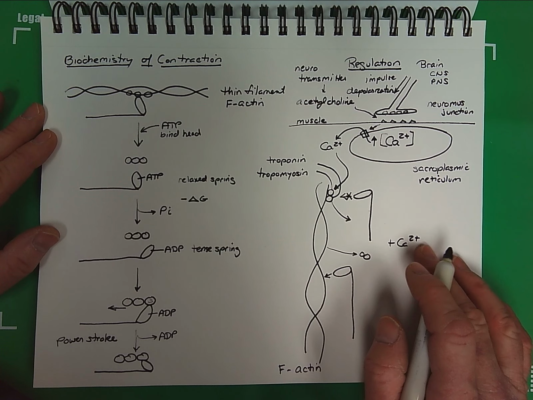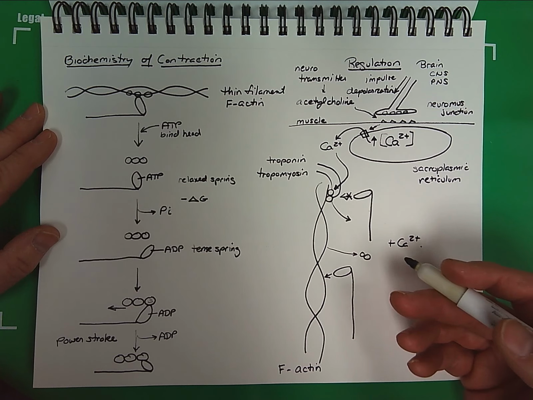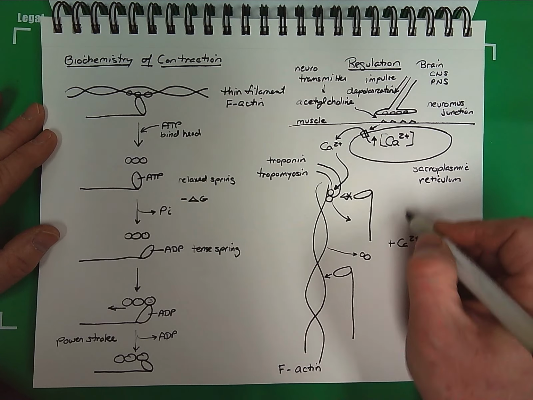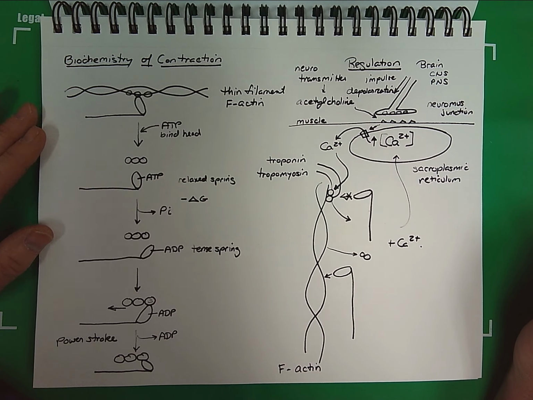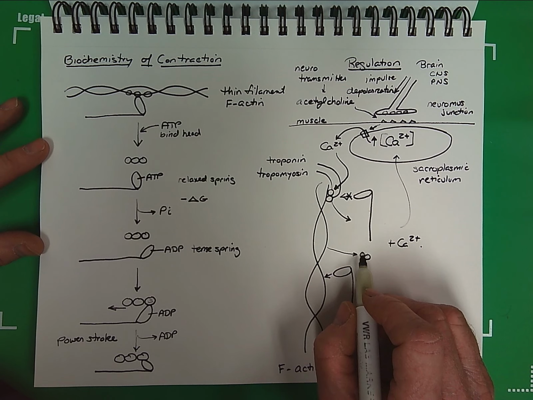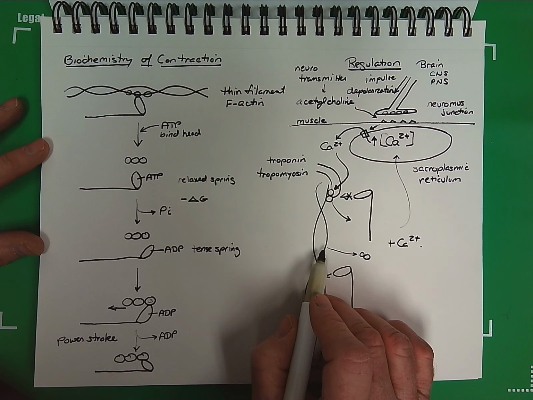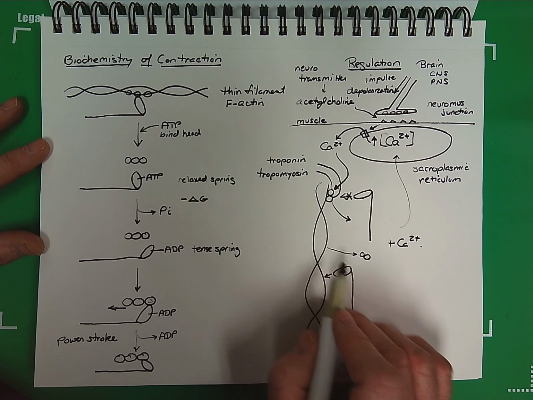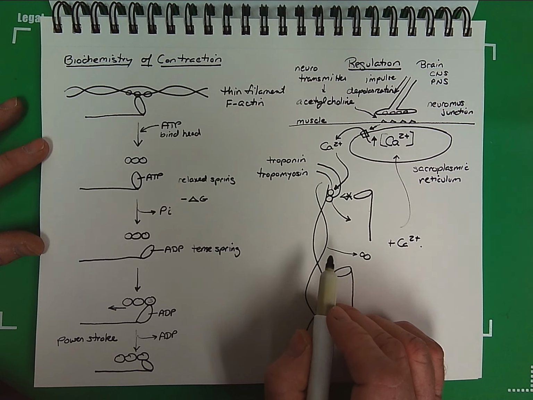When the nerve conduction is completed, and we no longer need contraction, the calcium will be recycled back into the sarcoplasmic reticulum by an active transporter. The reduced calcium concentration now will cause the troponin-tropomyosin complex to reassociate with the actin, thus preventing the myosin from interacting with the actin and ending the contractile event.